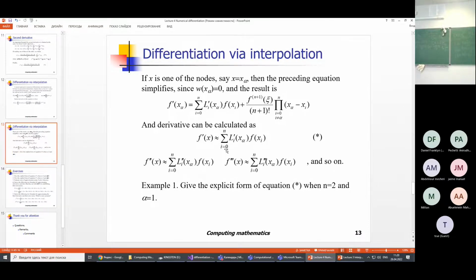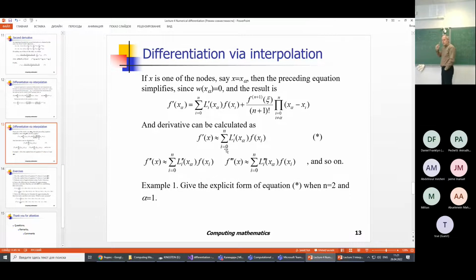Now, if we look at each of these square brackets, we can see that each square bracket has the same structure. x minus something times x minus something over h squared, multiplied by some coefficient times the value of the function.